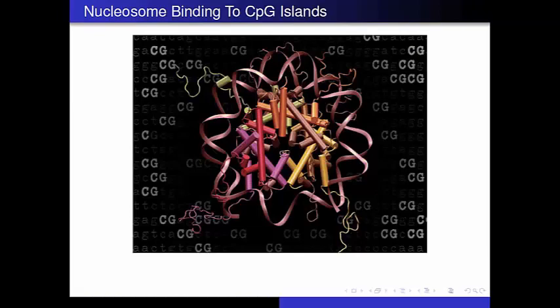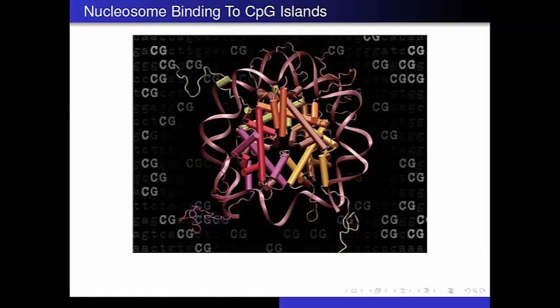And the P just reminds you that it's linked by a phosphate group in between. This has biological significance in a couple of ways. One is structural. In this picture, I think you can recognize the DNA double helix winding round and round itself, and then going around this central object, which is a representation of a so-called nucleosome, which is basically a complex of histone proteins.